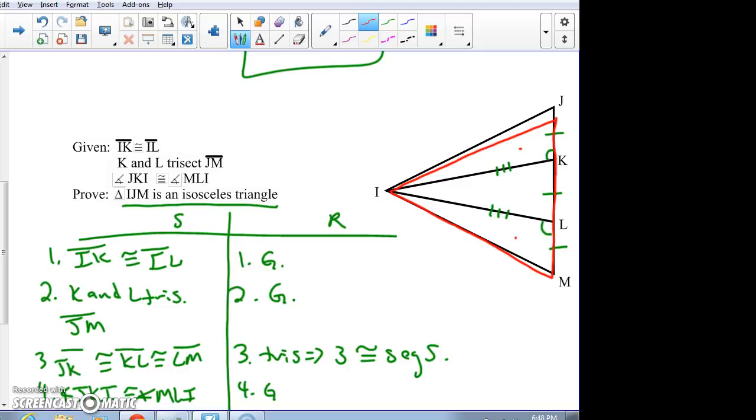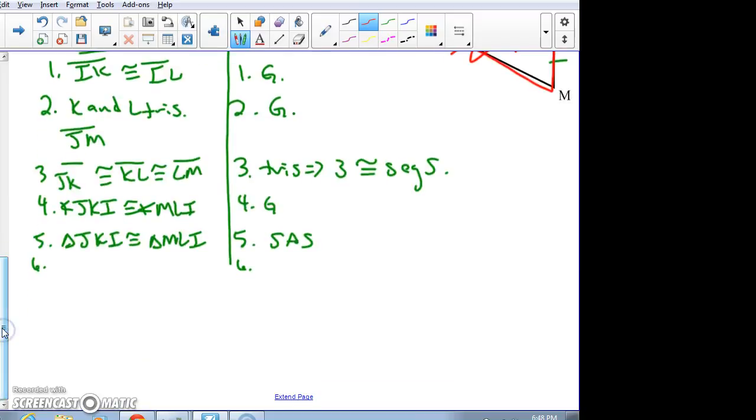What CPCTC should I use to help me show that that big triangle is isosceles? Well, I need to have two sides congruent on a triangle to show that it's an isosceles triangle. So what if I said side JI was congruent to side IM by CPCTC? Let's do it. JI, IM, congruent. CPCTC.